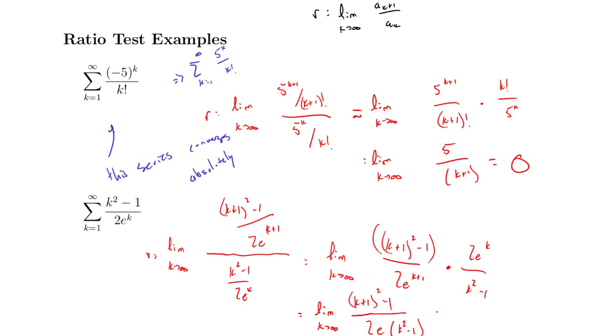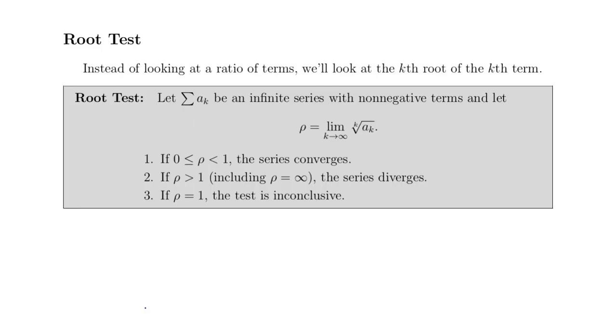You can do some L'Hopital's rule on this if you'd like. I'll let you fill in the blanks. And you'll find that this is going to be 1 over 2e. That's a small number, smaller than 1, meaning this series converges. So that's how you can apply the ratio test.